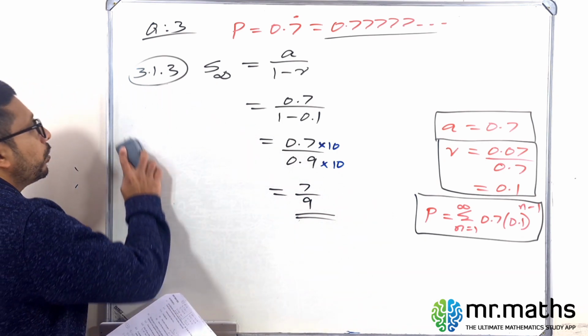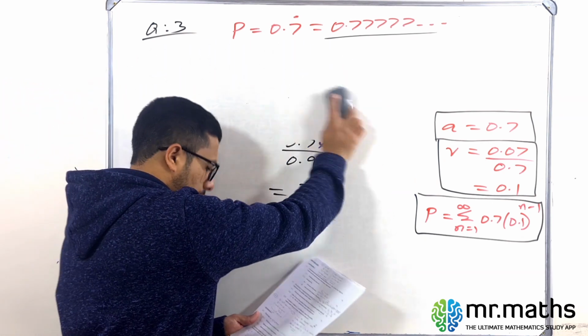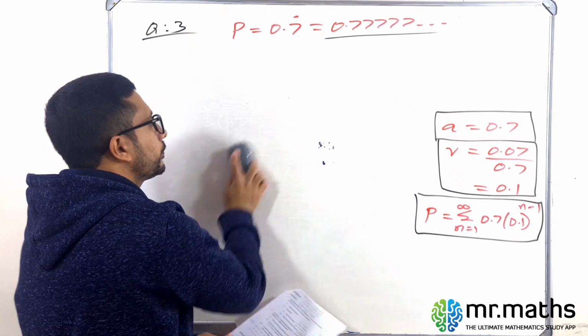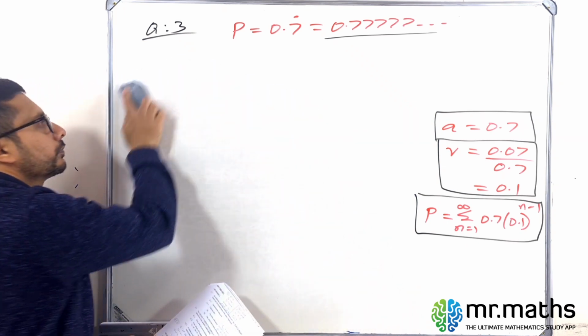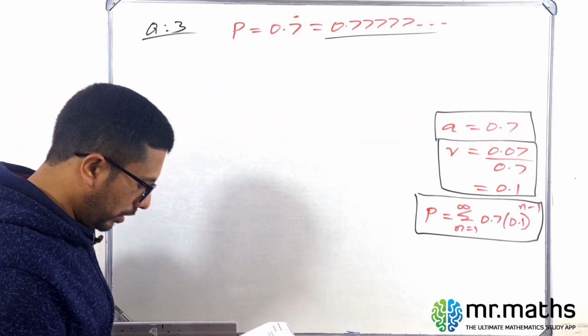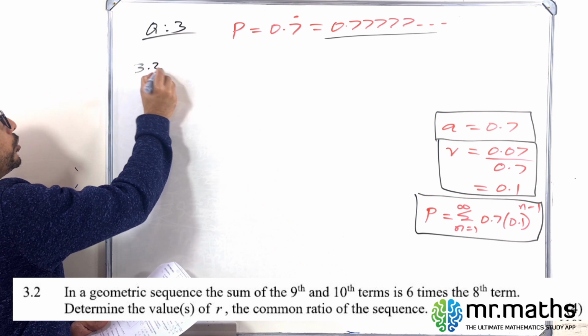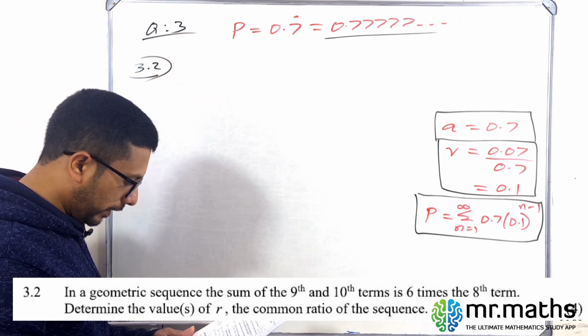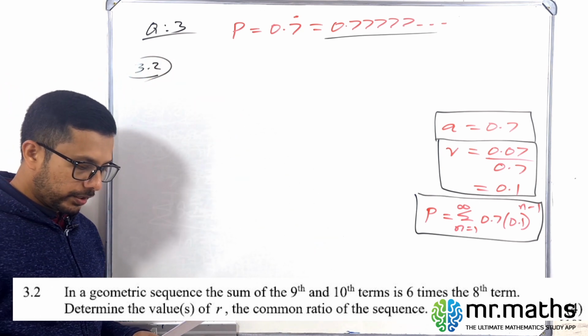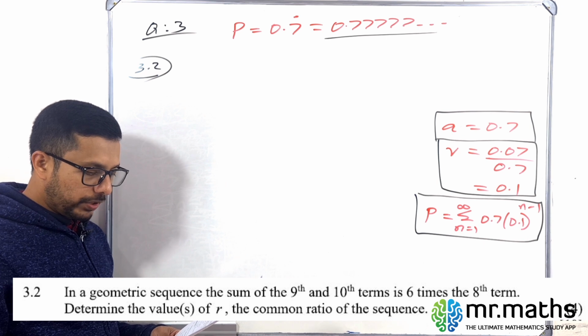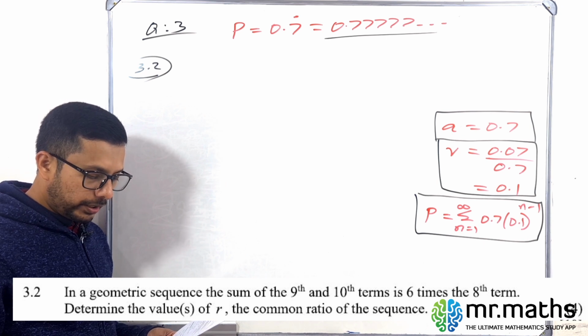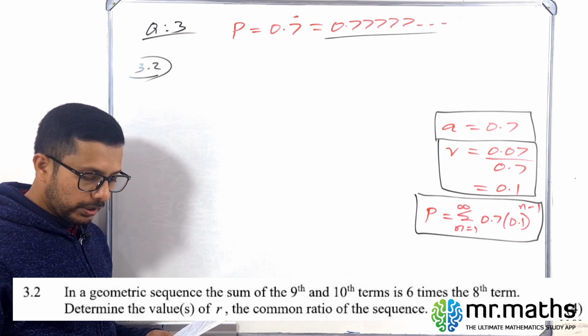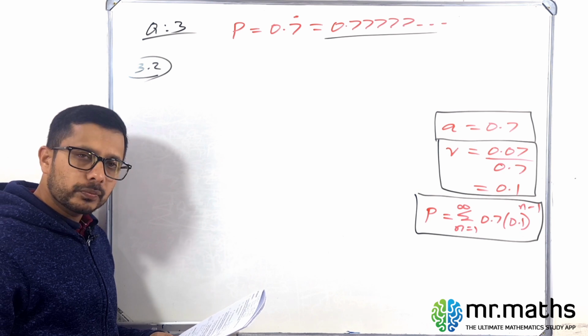Okay, now let's move to the next question, 3.2. Question number 3.2. What is that question? In a geometric series, the sum of the 9th and the 10th terms is 6 times the 8th term.